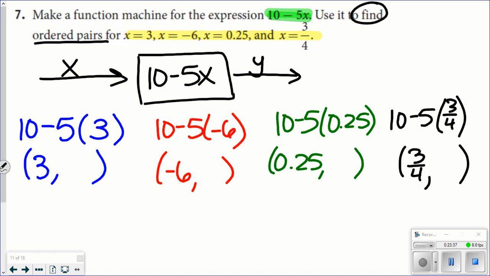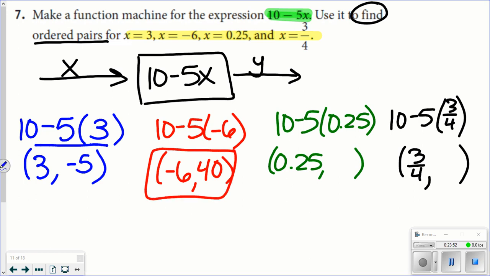When we plug in 3, we get negative 5. When I plugged in negative 6, I got 40. So these are my answers. This is the correct way to write it. 0.25, I got 8.75.